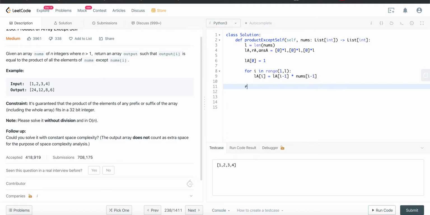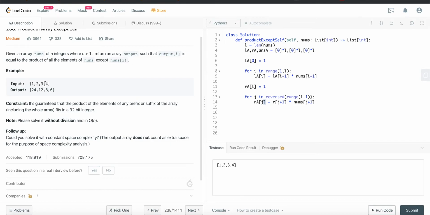Next, we are building the right array. So basically here what we are doing is multiplying at the current index, for example at index 1.